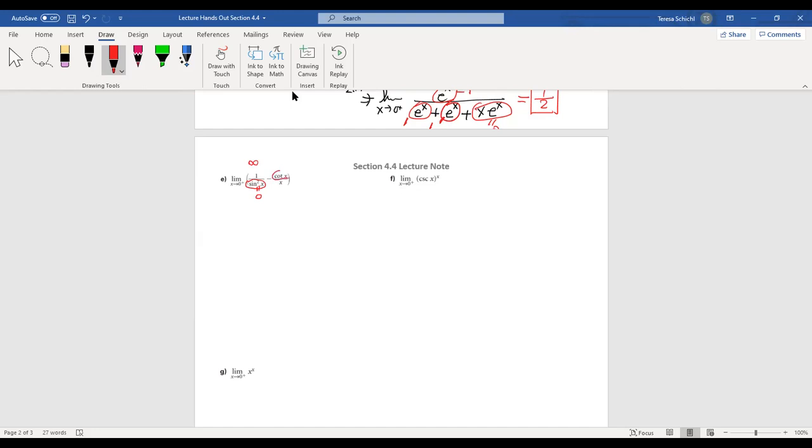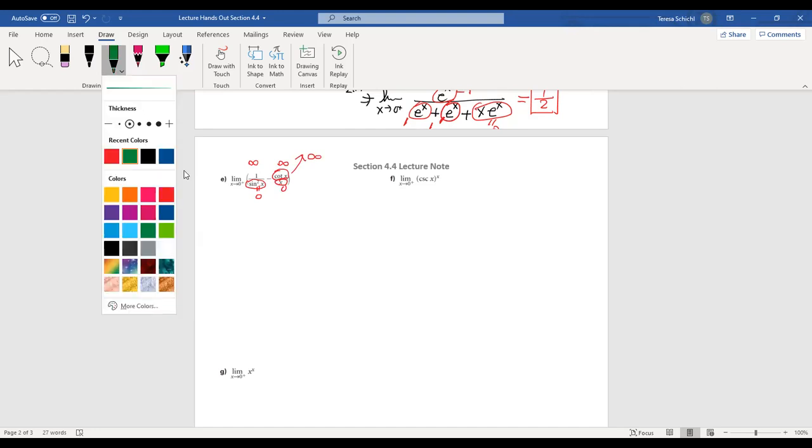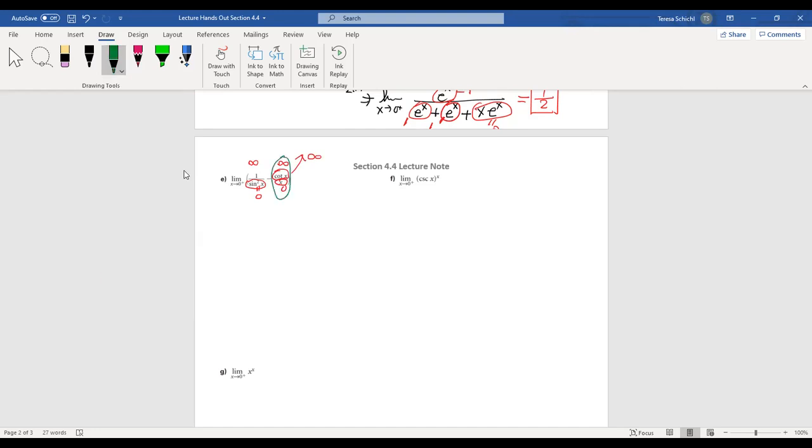Then the cotangent approaching 0 is infinity, and the x here. So infinity over 0, the whole thing will approach infinity. So then the final thing here, you will have infinity minus infinity. So you say, oh, this is another one of those infinity minus infinity things.